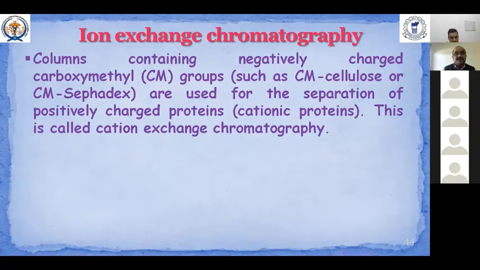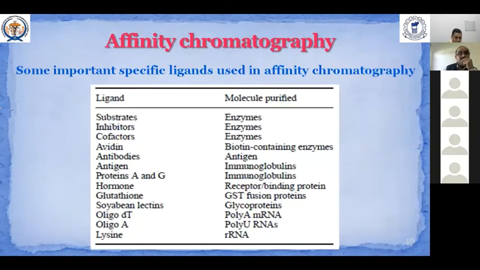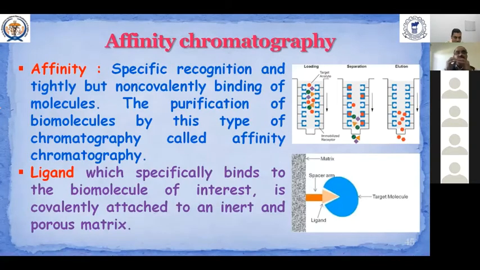The next is affinity chromatography. As we know, a remarkable characteristic of many proteins and biomolecules is their ability to recognize and bind specific molecules tightly but non-covalently, and this property is called affinity. The purification of proteins based on their affinity with some molecules is called affinity chromatography.